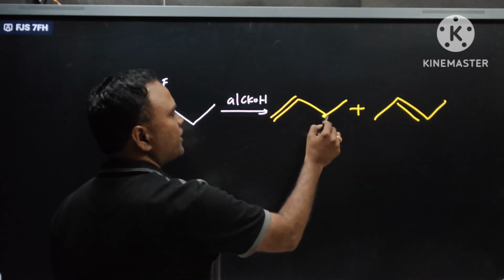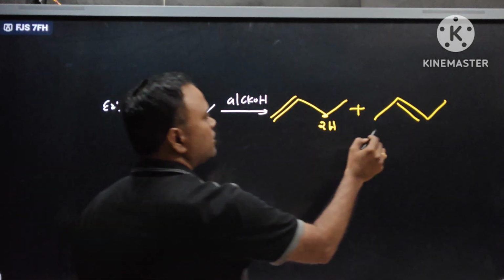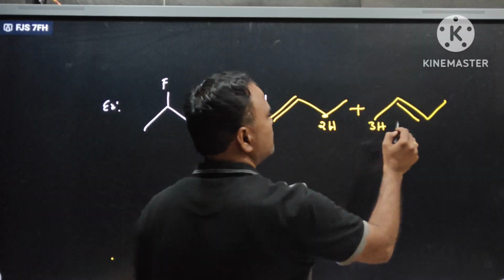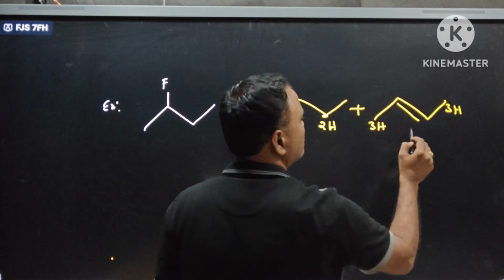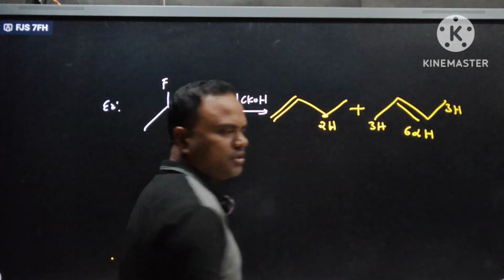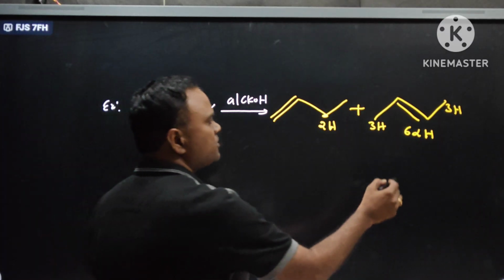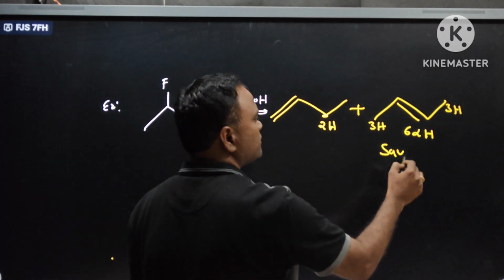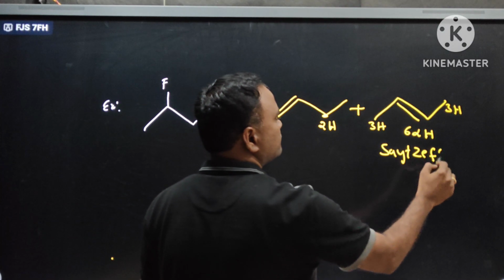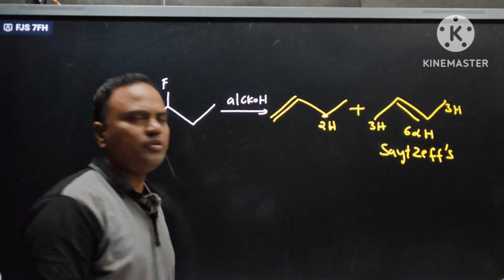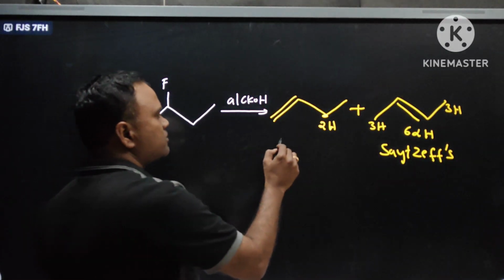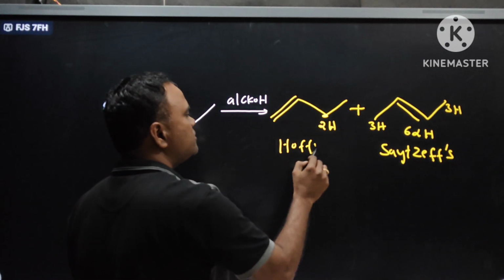This is the alpha carbon, right? Two hydrogens are there here, 3 and here 3. So total how many? 6. Which is Hofmann's and which is Saytzeff's? This is Saytzeff's, because it is having more number of alpha hydrogens. The other is called Hofmann's.